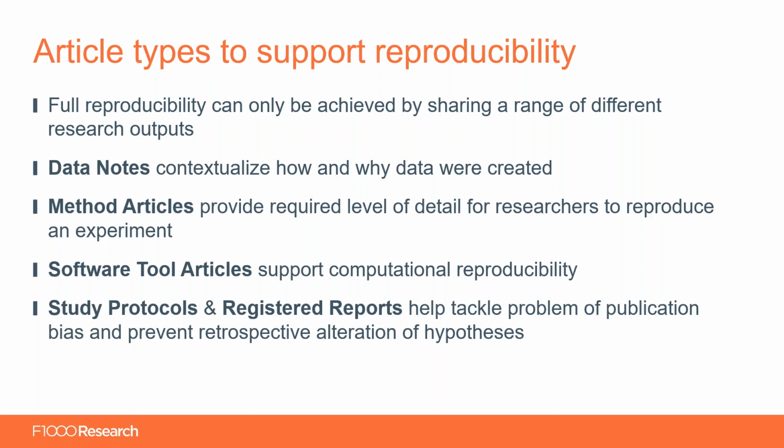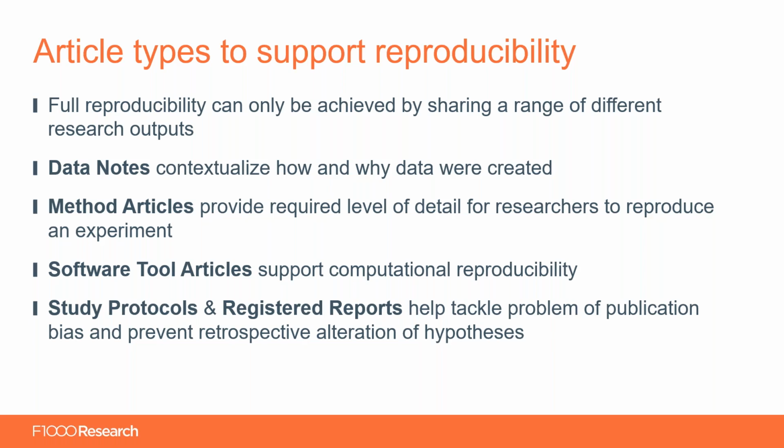We also have software tools which directly support computational reproducibility. They also provide assurance on how results are actually generated. And then study protocols and their additional step, registered reports, which enable the pre-registering of studies. This can really help to tackle the problem of publication bias and prevent any retrospective changes to the hypotheses.